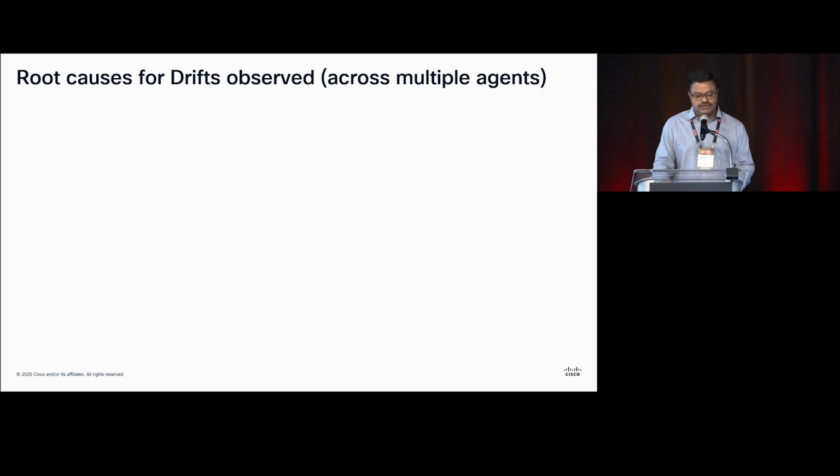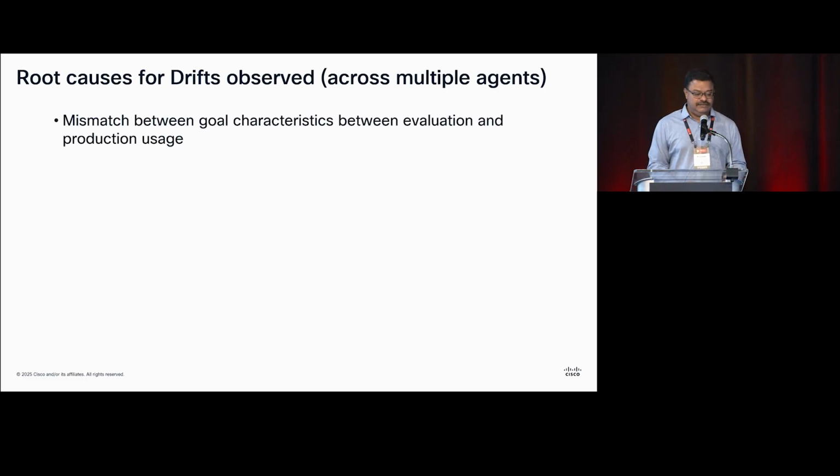Now, what are the root causes observed for drift? When we looked at the popular causes of why we saw drift, the first thing is the mismatch between goal characteristics between evaluation and production usage. This is classic, where your evaluation data set does not match your production data set. There are no surprises there.